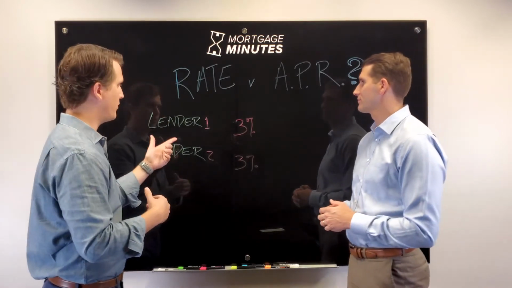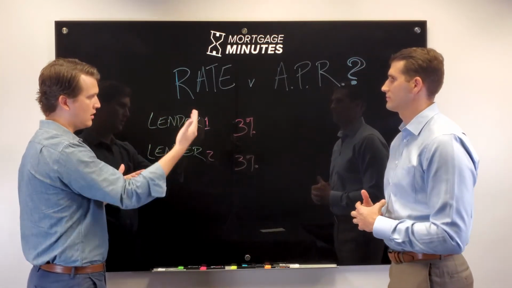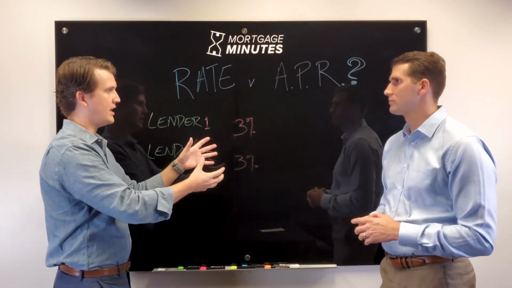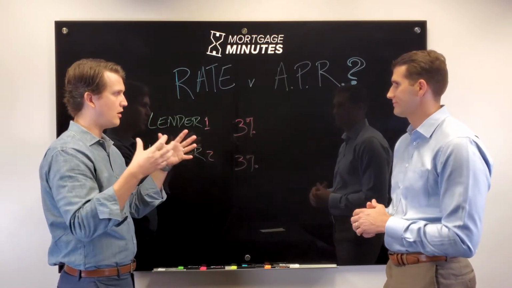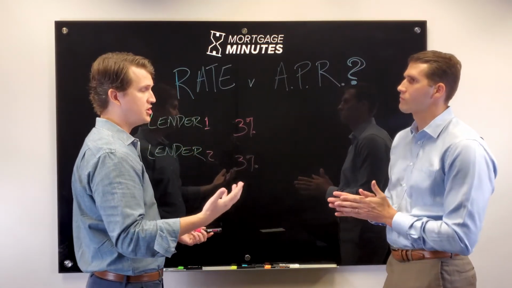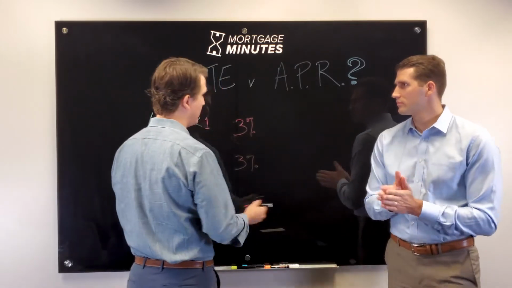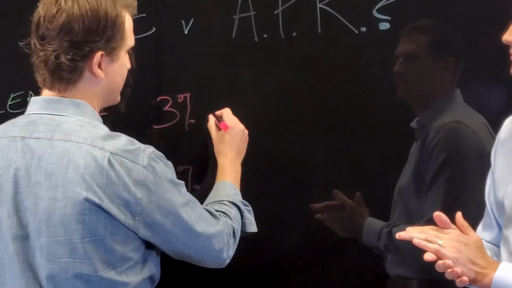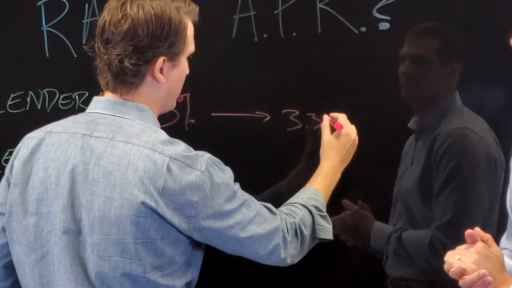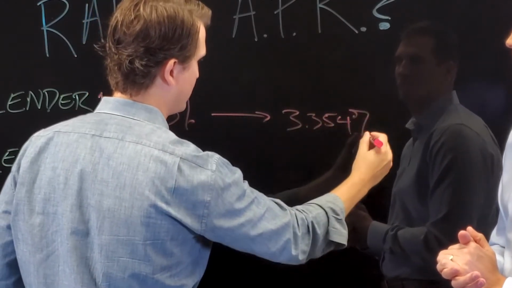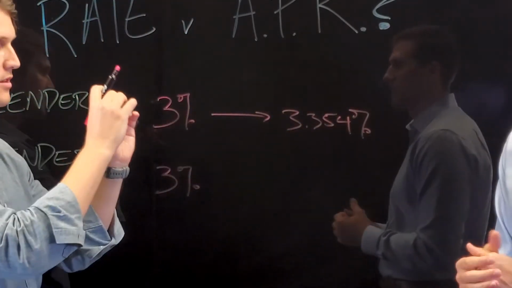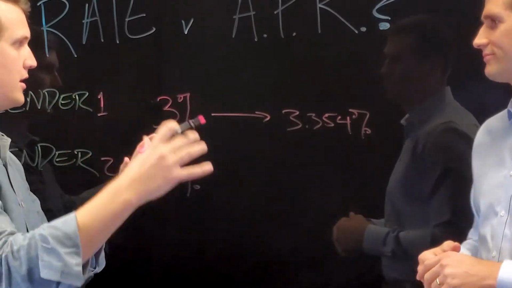So we wrote up a little scenario here. We've got lender one and lender two, and let's imagine that you're looking at an interest rate on your loan package of 3% with both lenders. The question is, which lender is cheaper? Let's say the APR for this one is 3.354%. APR is always a weird number, whereas interest rates are in eighths: 3, 3.125, 3.25.